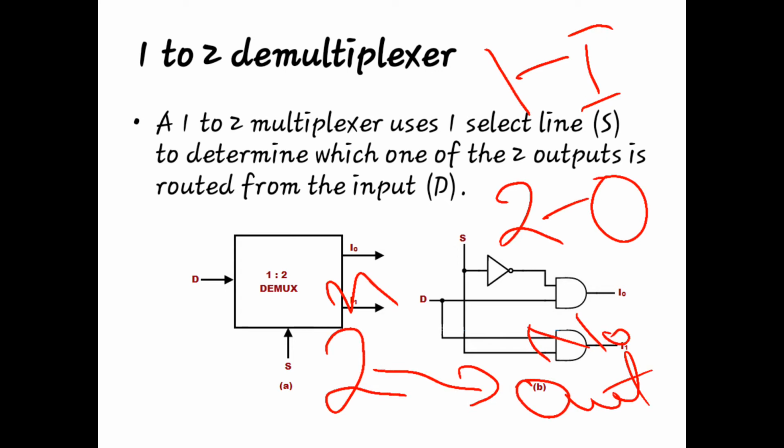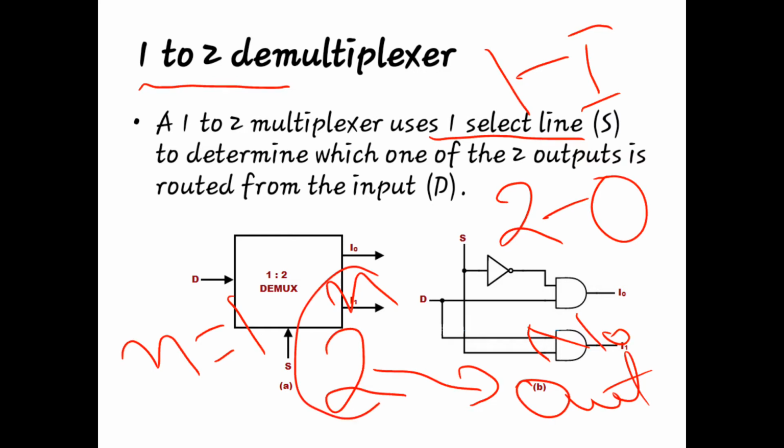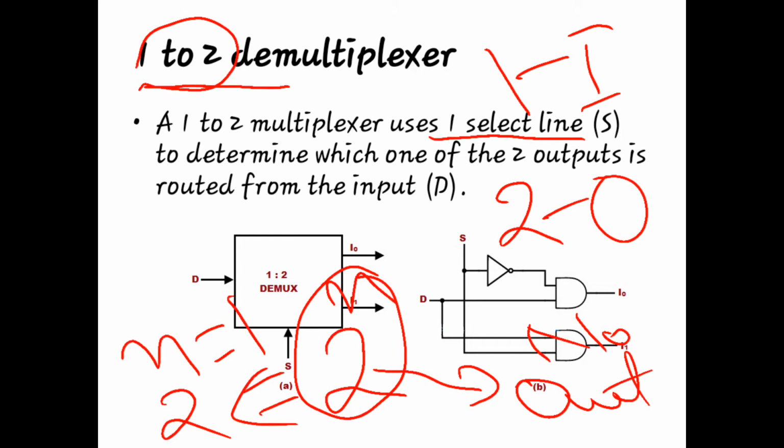In this example of 1 by 2, the select line is a single one, so the value of n will be 1, and 2 raised to power n means the output lines will be 2. That's why it is known as a 1 by 2 demultiplexer.